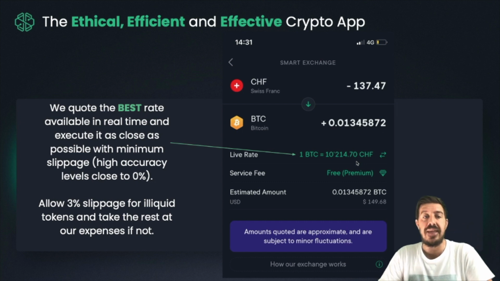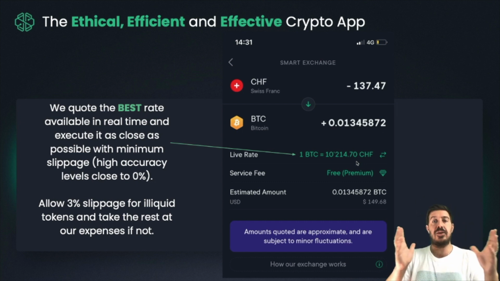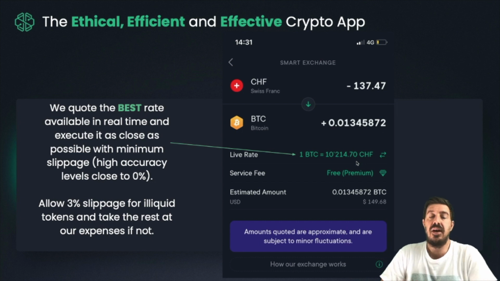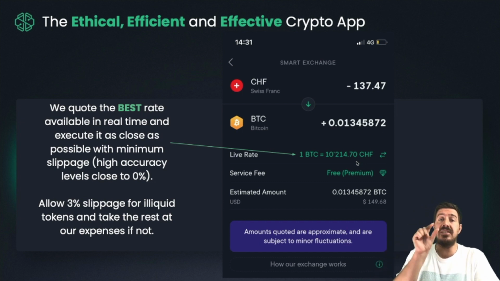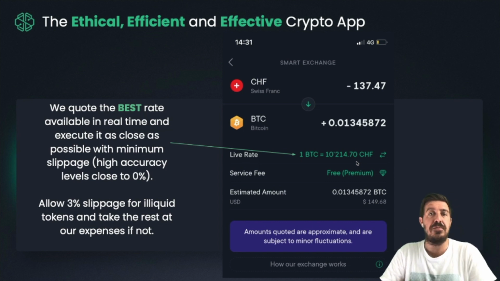So very, very ethical. And for the less liquid assets, such as CHSB, of course, you have to understand here, slippage is very common because there's just a lack of liquidity. But even there, we still have a limitation of 3% in terms of slippage, which, on other exchanges, if you sell it, that slippage, when you don't have best execution, can be crazy.